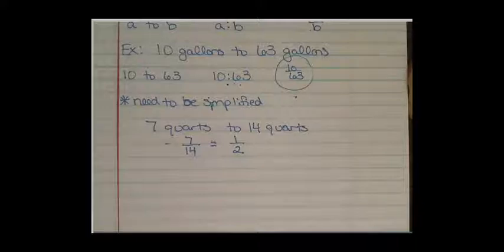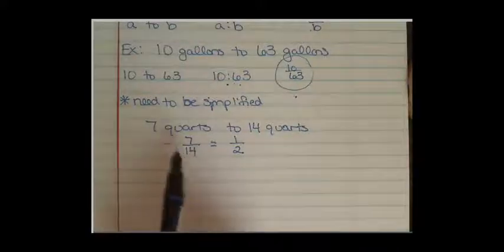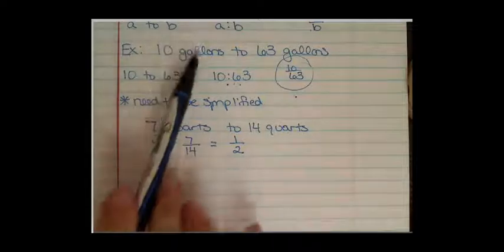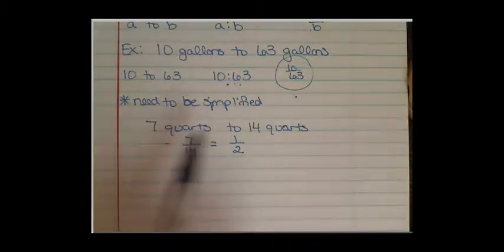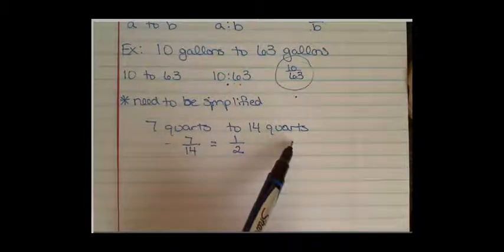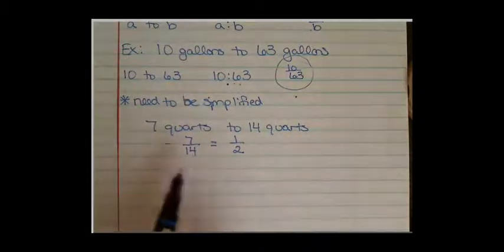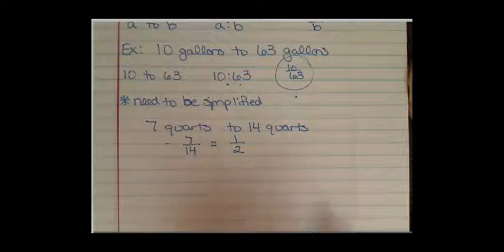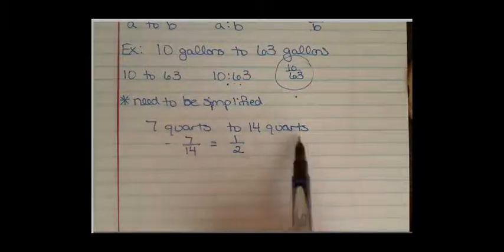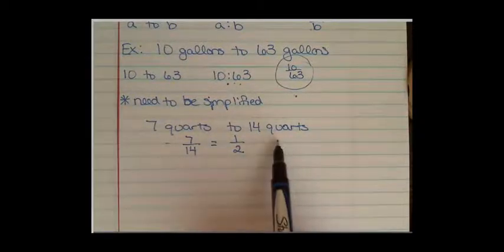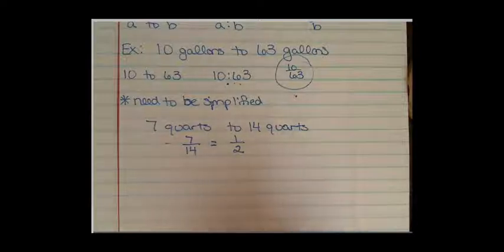Now, notice though, on these problems up here, we had gallons to gallons, and we had quarts to quarts. So we have to compare apples to apples and oranges to oranges. We're not going to compare apples to oranges. That means we'd have to make these be of the same thing before we could actually compare them. So here's an example of that.